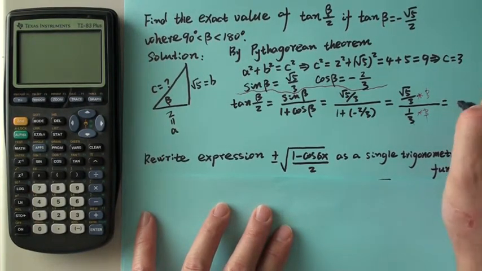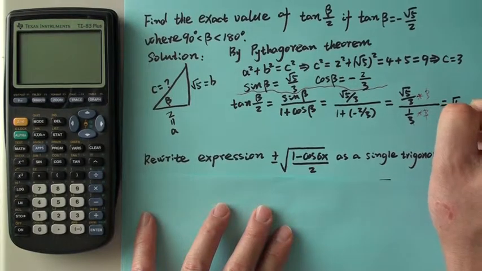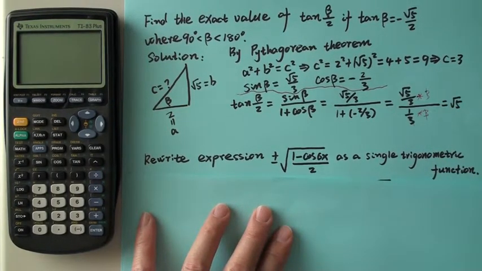So we get radical 5. We don't have to write 1, because any number is the number divided by 1. 2 is 2 divided by 1, 3 is 3 divided by 1, radical 5 is radical 5 divided by 1.